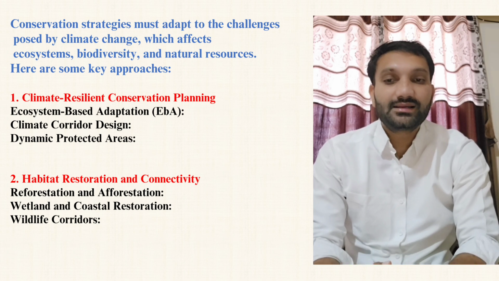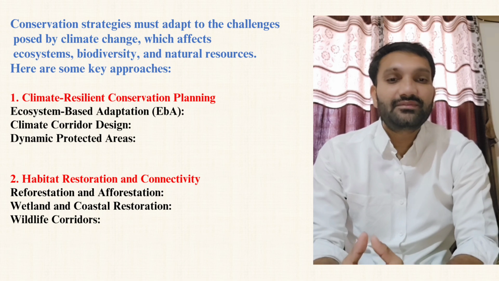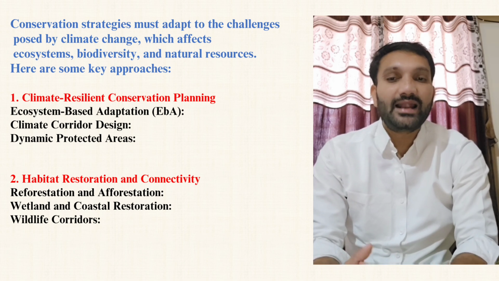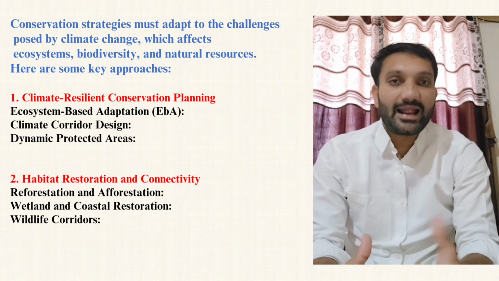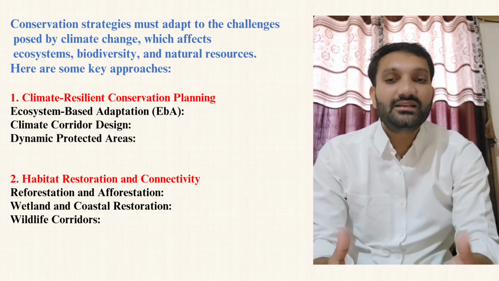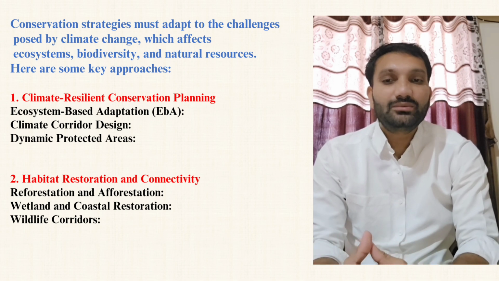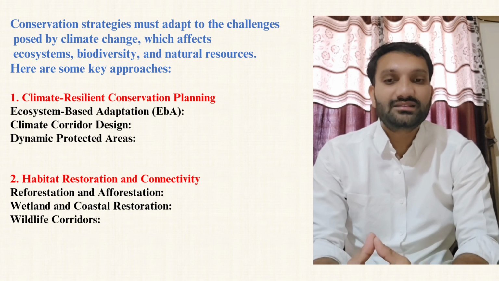Along with that, the next is dynamic protected areas. So adjusting conservation boundaries based on changing species distribution and ecosystem need. So conservation boundaries should be adjusted based on the changing species distribution. For example, where there is a high species count, there is no need to protect that area because there is a higher number of least concerned species.